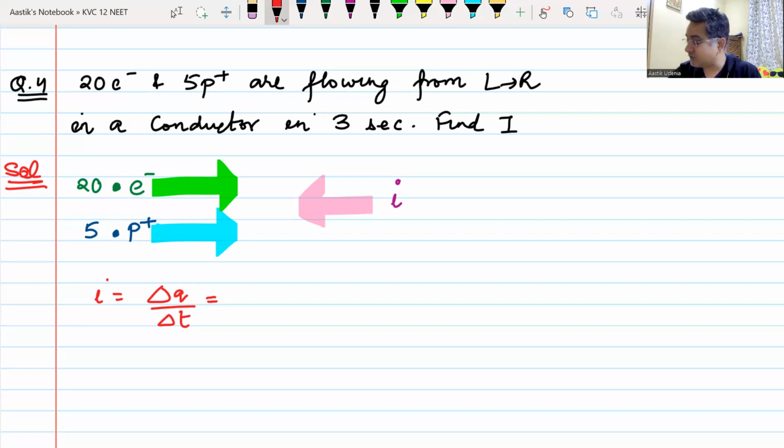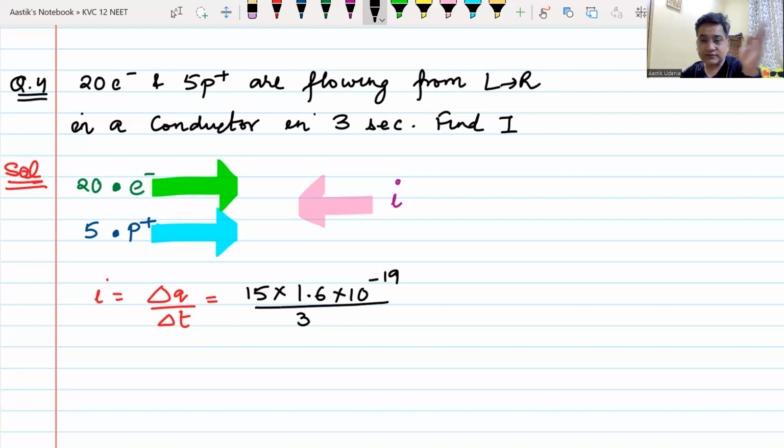So the net charge that is flowing is 15 electrons. Yes, sir, the net charge is 15, with 20 electrons and 5 protons flowing in the same direction.